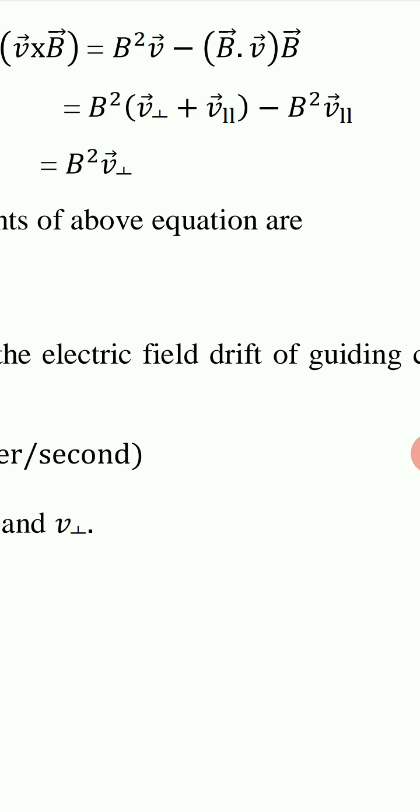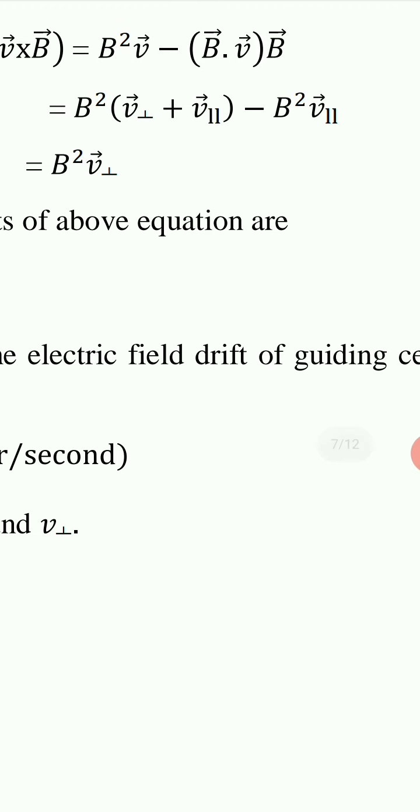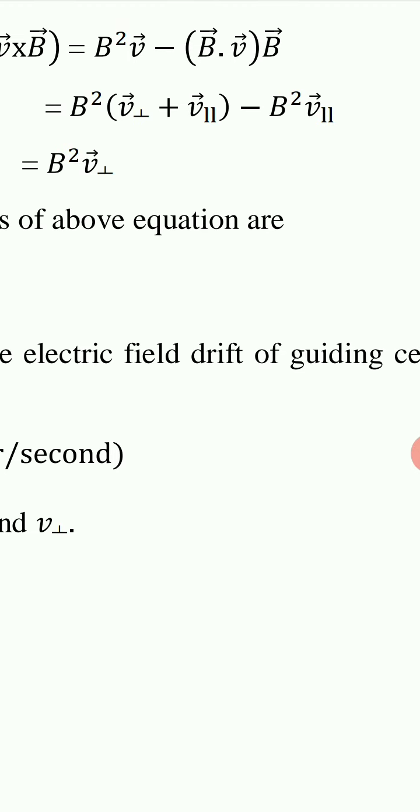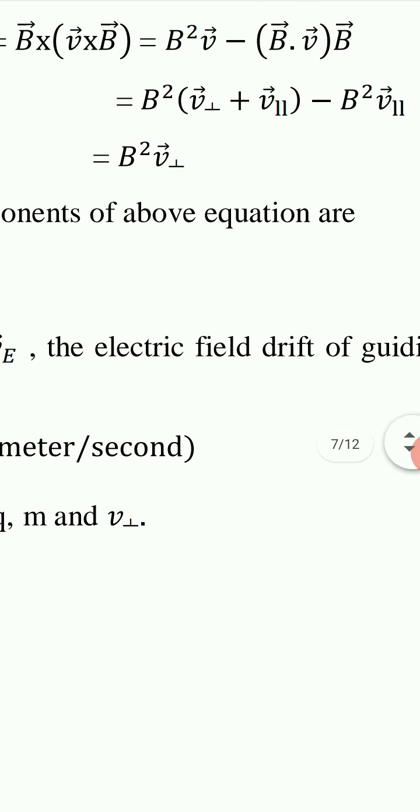If we use the perpendicular component, then that dot product will be equal to 0. So only the parallel component remains in the right hand side, and with V parallel we have B dot B equal to B square. So the two terms are cancelled out, that are B square V parallel, and the remaining term is B square V perpendicular.